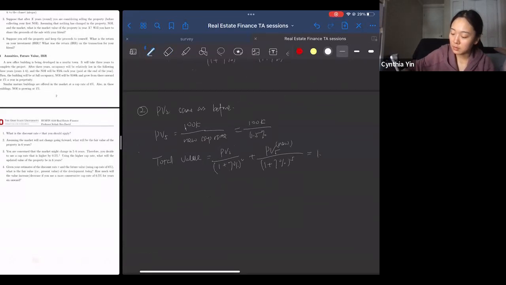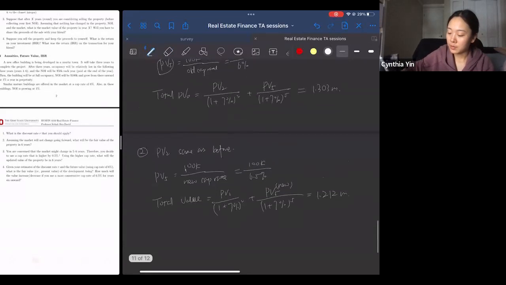Altogether, we'll get 1.212 million. This is smaller than the 1.3 million. It's because you are using a more conservative cap rate, which drives down your present value of the perpetuity part in year 5 and also today. So because this part is changed, you will get this part changed.